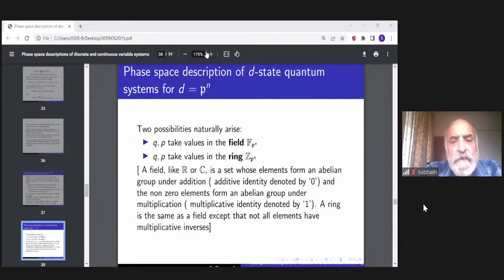Of course, you can associate continuous variables with discrete systems by, for instance, in the context of spin systems that you talk about, taking expectation values of that operator in what are called spin coherent states, which are functions on a sphere.